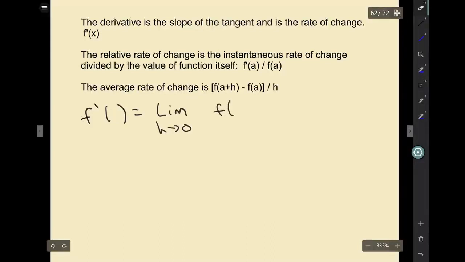I'm going to change from x to the textbook's a, so hopefully you better understand that a is a placeholder.